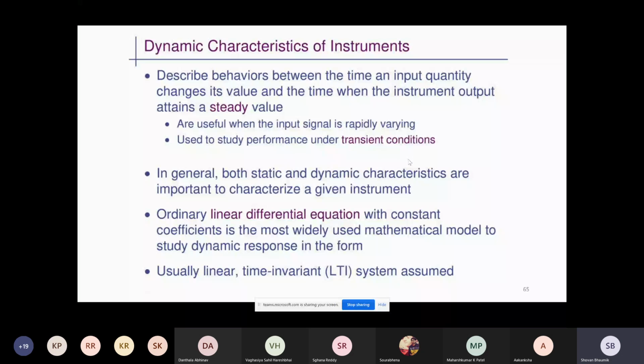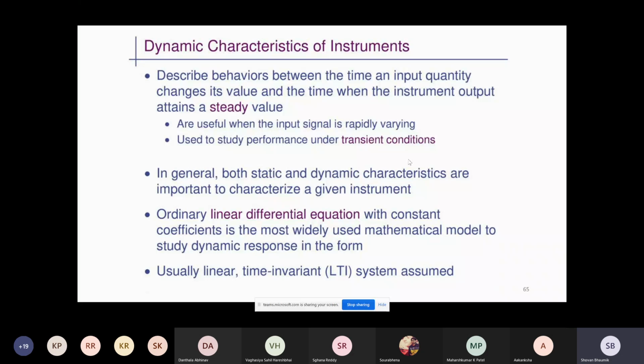So now from this point, it is clear that when you are trying to use a measurement system or a measuring device to design a system or to design a control loop or to measure some input, you need to know different parameters associated with the static characteristics.